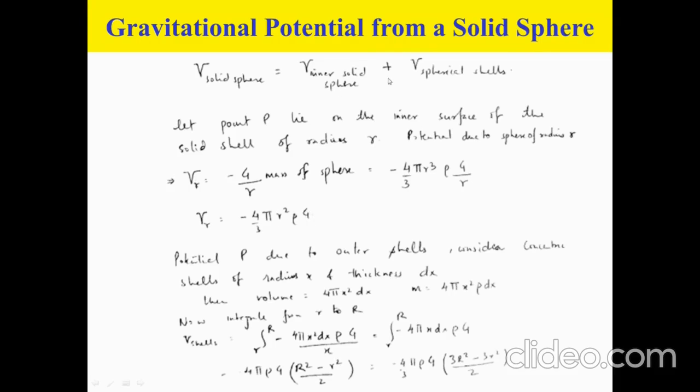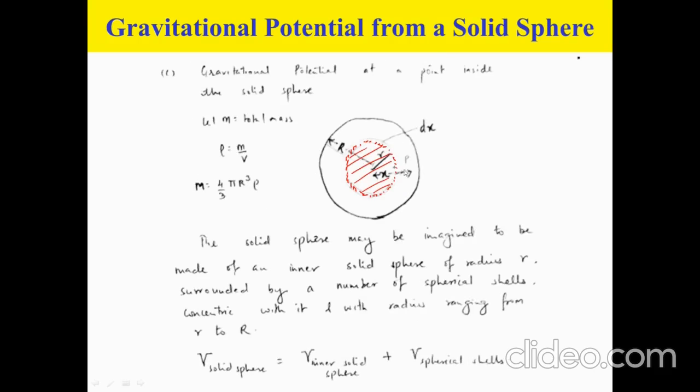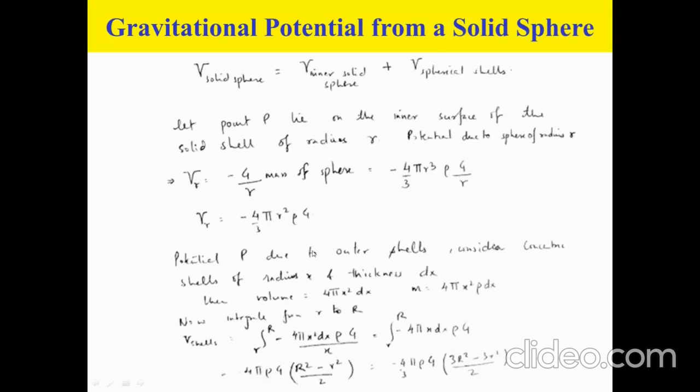Now we are left with the spherical shell, that is the region outside this value of r, ranging from r to capital R. We already know the expression for the spherical shell as well. For the spherical shell, we can use the idea of concentric shells and integrate the volume.